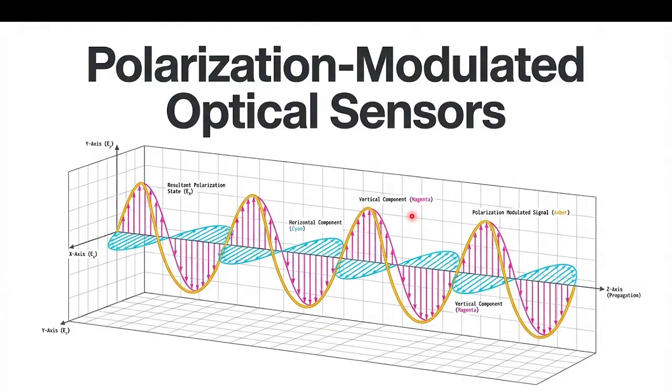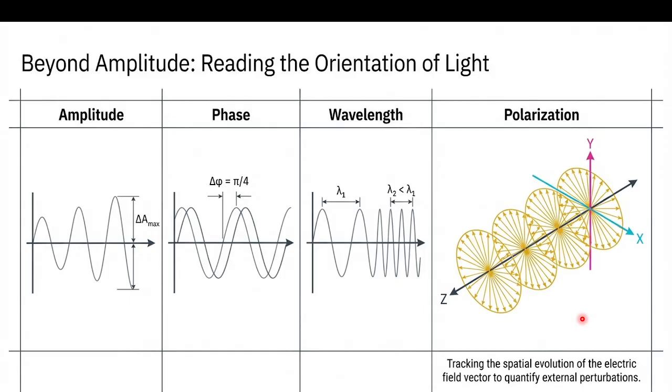The polarization modulated sensor is shown in the amber one, the component which is polarized in this electromagnetic radiation, and the propagation direction is the z-axis. One component is oscillating in the x-axis, another component is oscillating in the y-axis, and the resultant is propagating towards the z-axis.